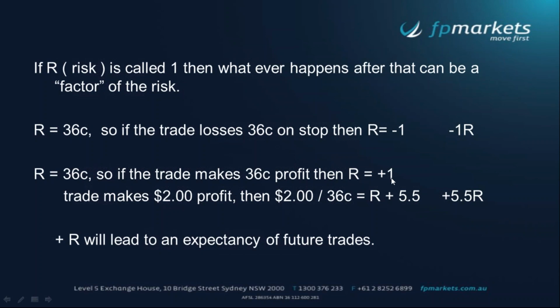You've made 36 cents against your risk of 36 cents, so it becomes a +1R. If the trade makes a $2 profit, it becomes $2 divided by your risk of 36 cents, so the trade becomes a +5.5R value.